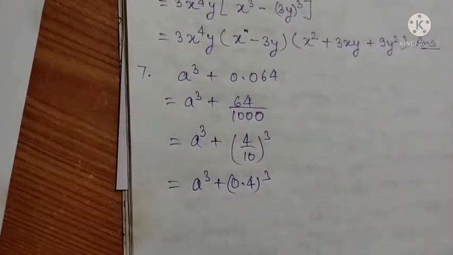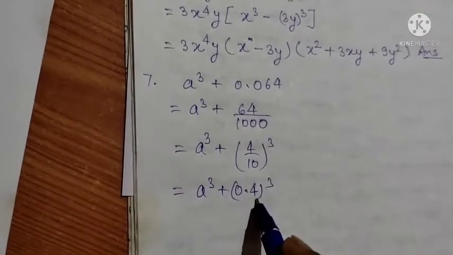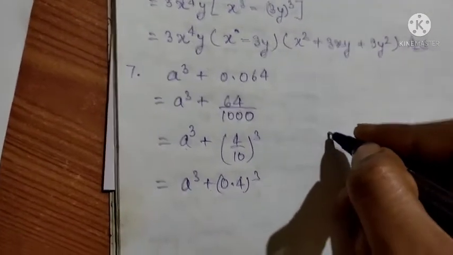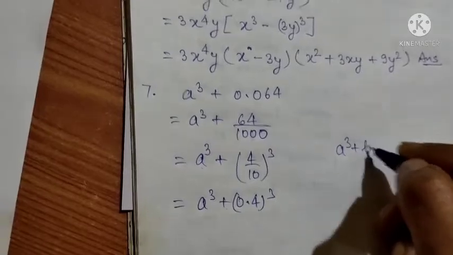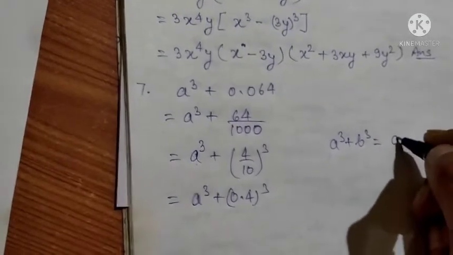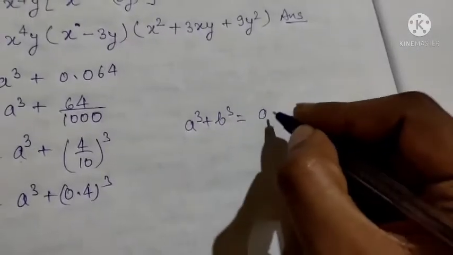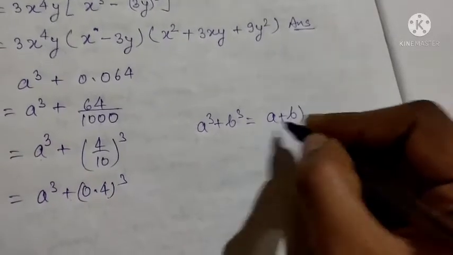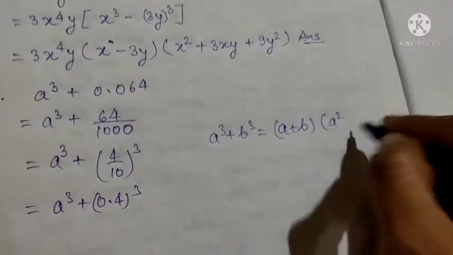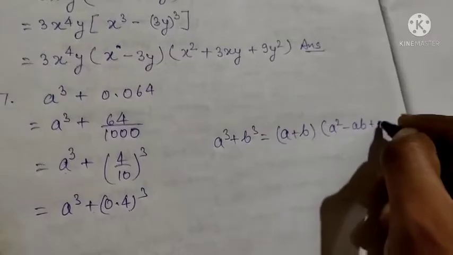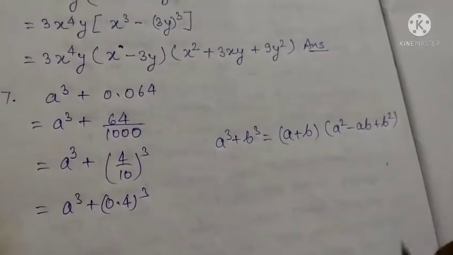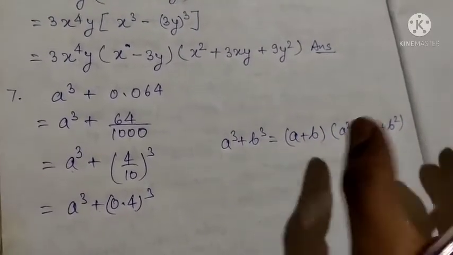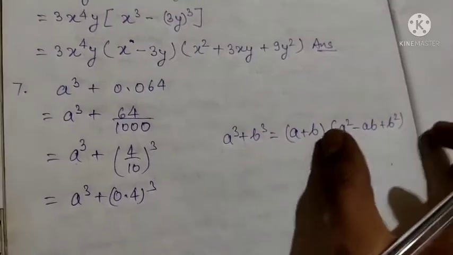So now it is in the form of a cube plus b cube, and as we know that the formula of a cube plus b cube is equal to a plus b into a square minus ab plus b square. Simple.